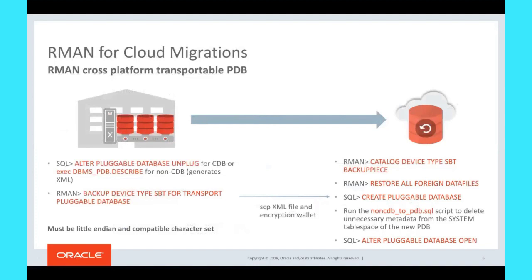To do this, the source database must be little endian, because there is no endianness conversion in this type of approach. So this works if your source database was, for example, running on Windows and you're going to Linux, so it's already little endian. And yeah, that's a straightforward operation.